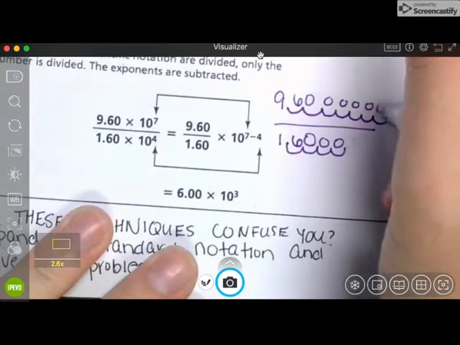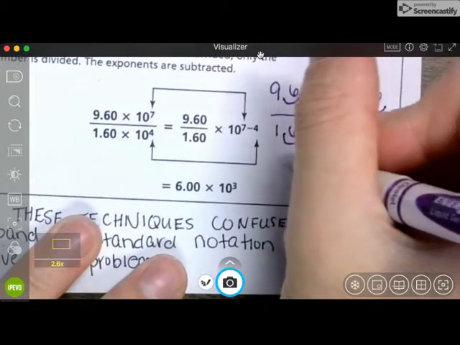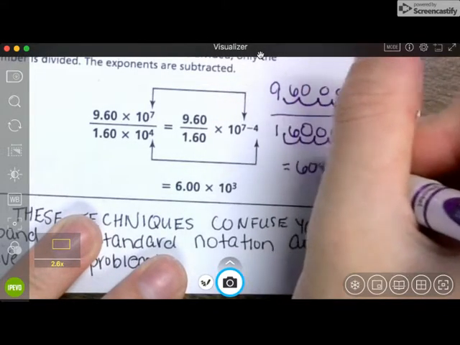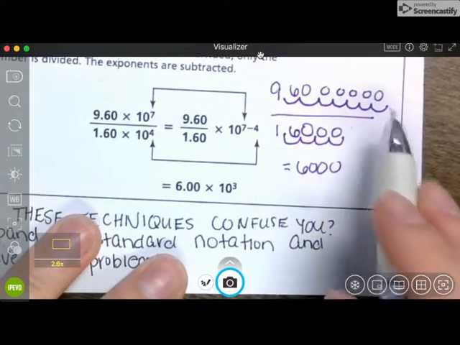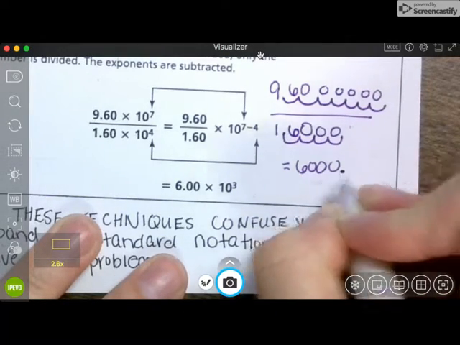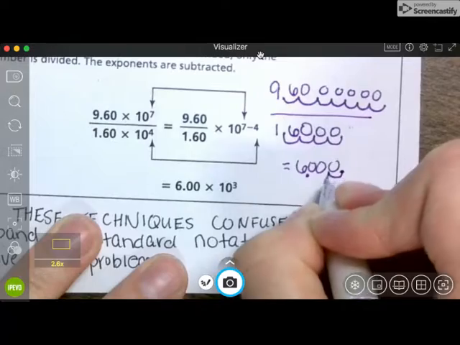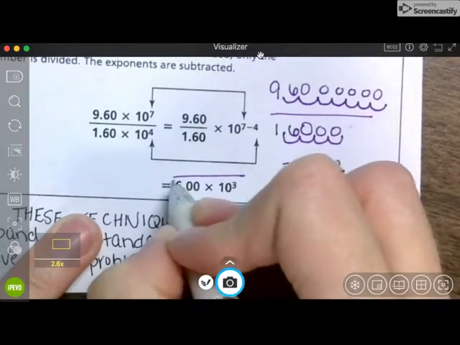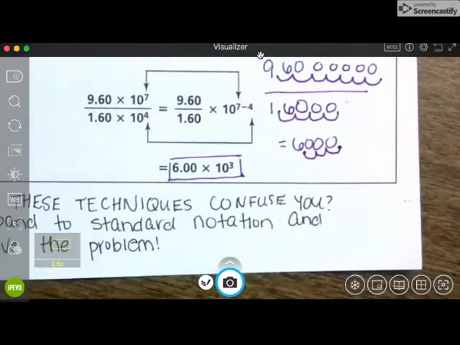Oh, I forgot a 0 here. And I end up getting 6,000 by adding that last 0 that I forgot. My decimal is here. I want it here. There's my answer. And honest to goodness, I'm just plugging in these numbers into my calculator. I don't know these off the top of my head. So don't think, oh my gosh, Miss Davies getting this. No, I'm just plugging in a new calculator.